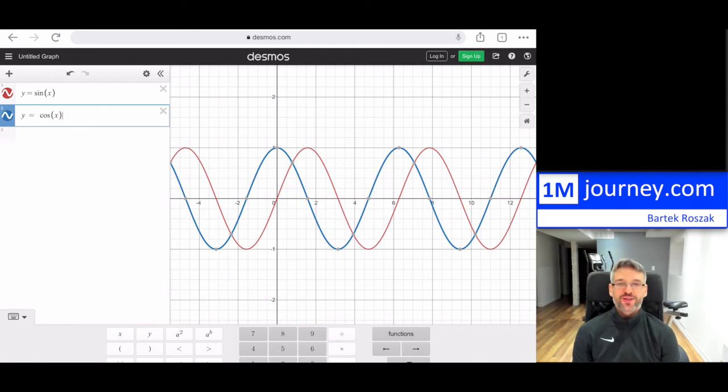Notice the blue as it popped out looks very, very similar. It has the same amplitude, the same mid-range, the same domain, the same range. Pretty much everything is the same.